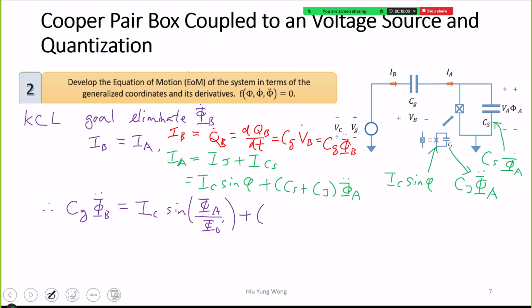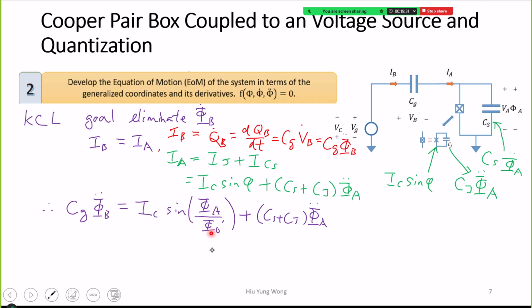On the left-hand side, it is just I_B: (C_G plus C_B) phi_B double dot. On the right-hand side is I_A: I_C sin phi plus (C_S plus C_J) phi_A double dot. Why do I make phi equal to phi_A divided by phi_0 dash?